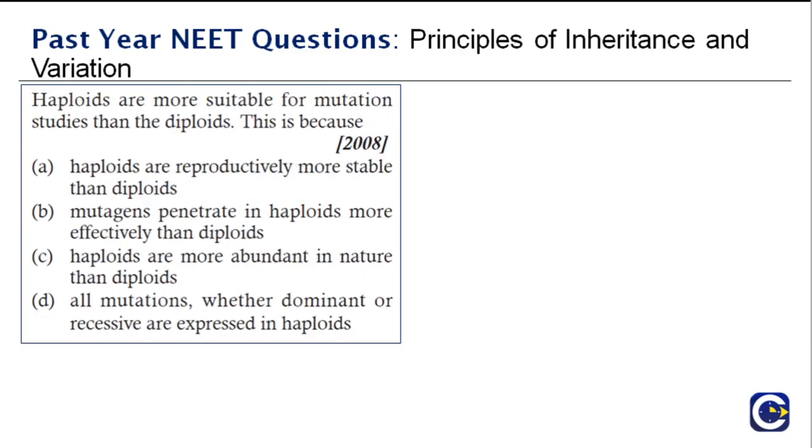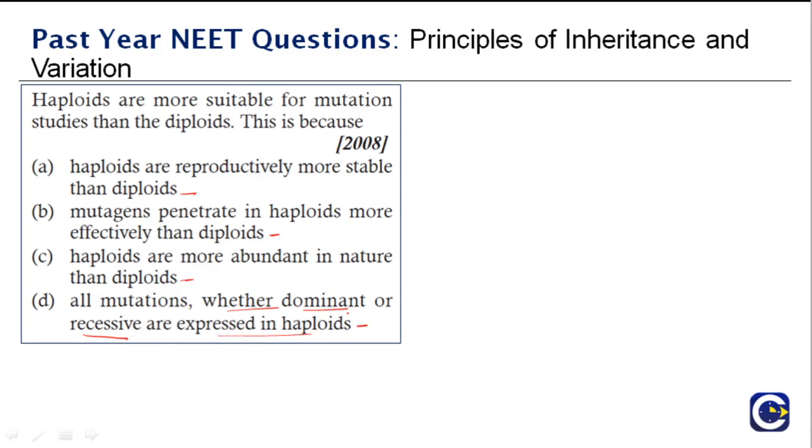Haploids are more suitable for mutation studies than diploids. This is because haploids are reproductively more stable than diploids, mutagens penetrate in haploids more effectively than diploids, haploids are more abundant in nature than diploids, or all mutations, whether dominant or recessive, are expressed in haploids. If you have followed the previous parts, we have seen similar questions before.